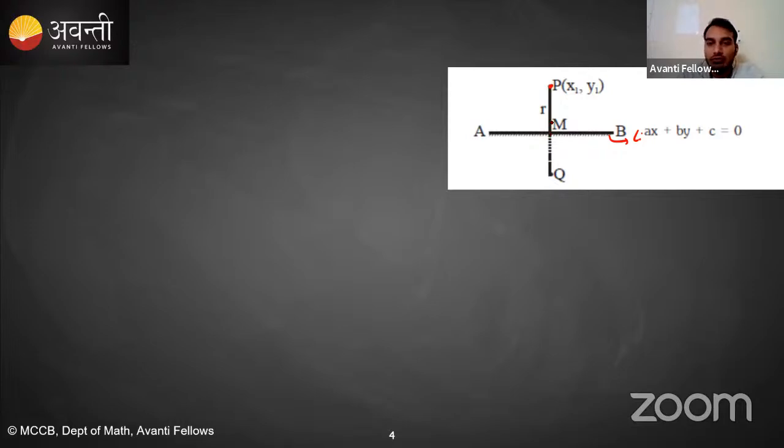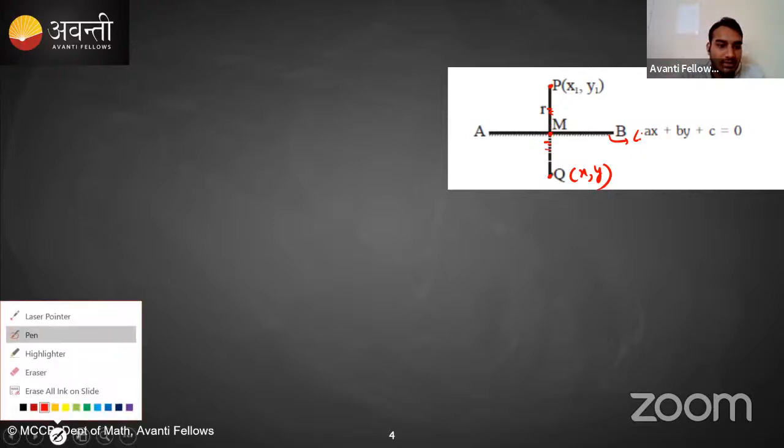If I want the image of point P, the image will be at an equal distance on the opposite side of the line. Let's call the image x comma y. Since it is an image and equidistant, the point M will be the midpoint of P and Q.